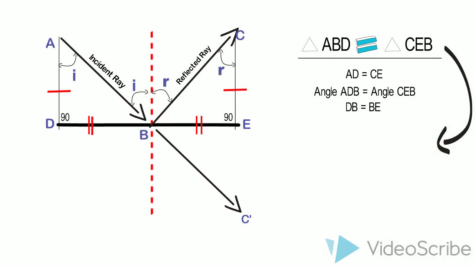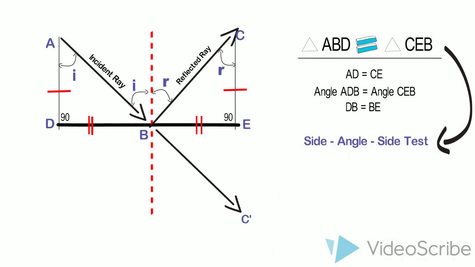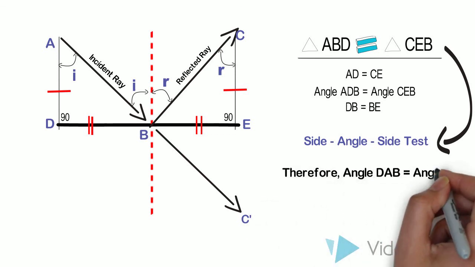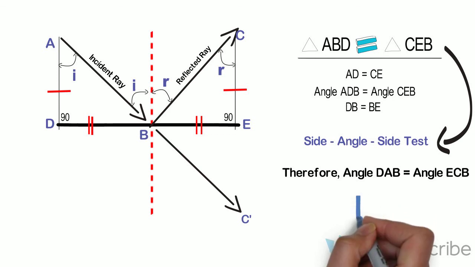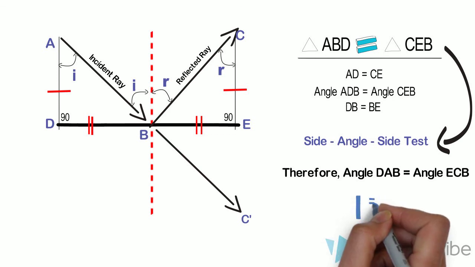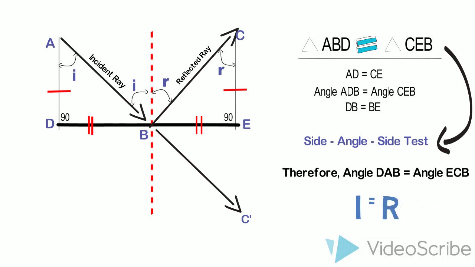So based on the following information, can we not say that triangle ABD and triangle CEB are congruent by the side-angle-side test? Now since the triangles are congruent, the corresponding angles of both triangles should also be equal. That is, angle DAB should be equal to angle ECB, which means angle I, the incident angle, is equal to angle R, the reflected angle.